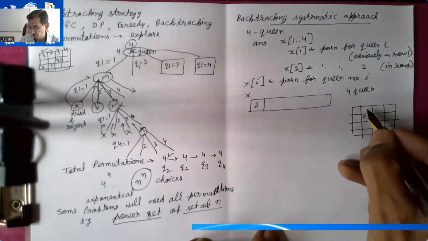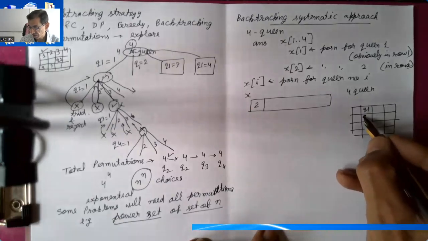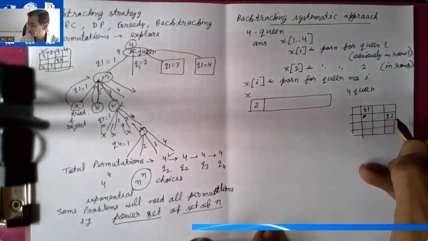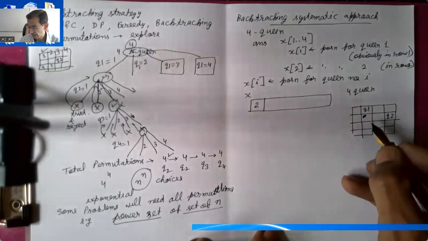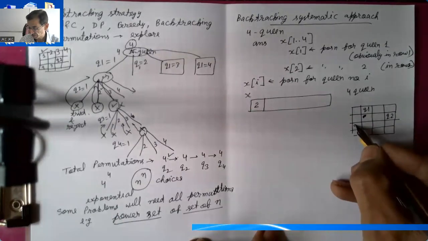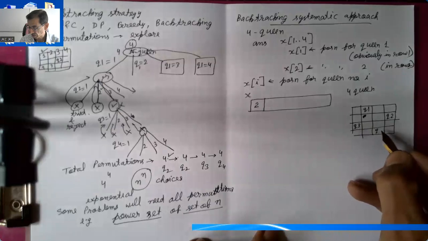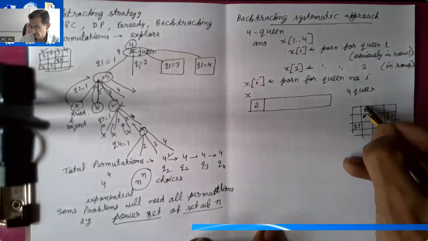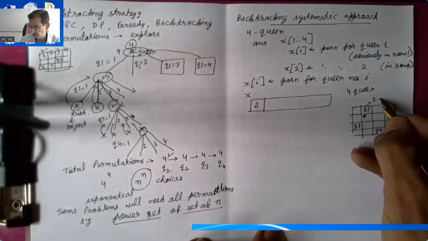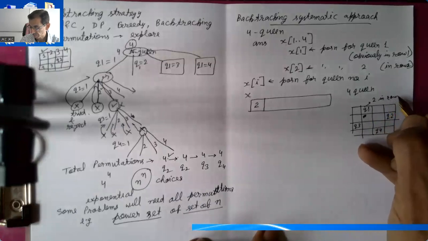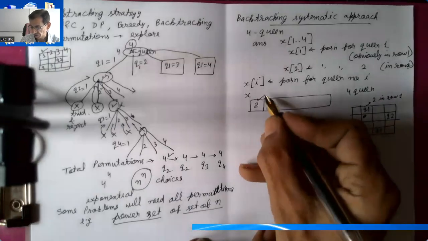Q1 was placed here, followed by Q2 placed here, then Q3 placed here, and then Q4 placed here. This is position 2 in row 1, so this is X1.